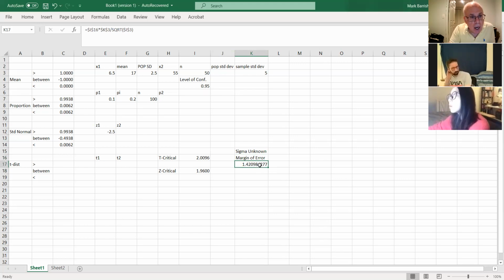It's going to be I16, which is the T critical value, times the sample standard deviation divided by the square root of the sample size, which is this number here.